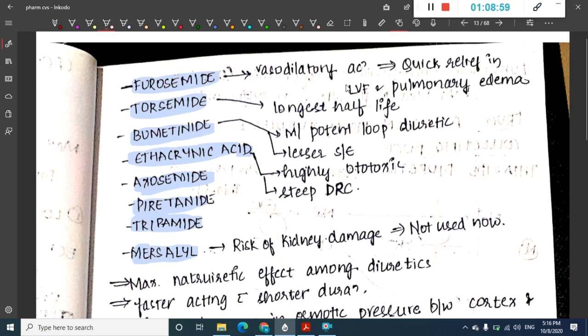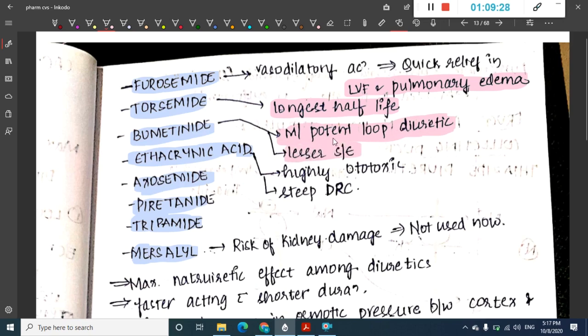Because of their more potent action, they provide quick relief in pulmonary edema and left ventricular failure. Then torsemide is the drug which has the longest half-life among all these drugs, and bumetanide is the most potent loop diuretic, and it has fewer side effects.